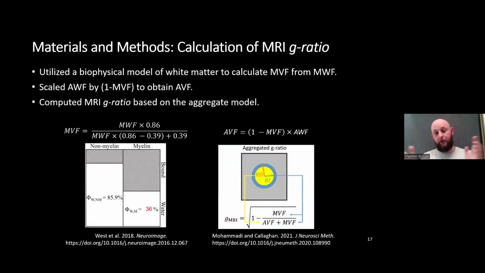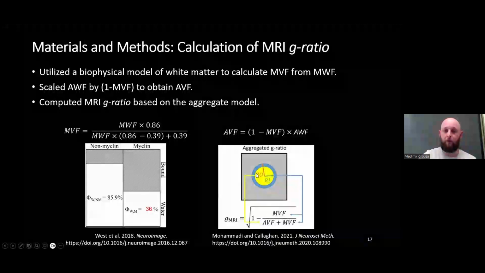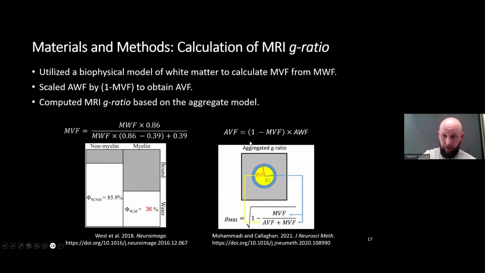And so, armed with this information, we decided, hey, why the heck not? We can compute G ratios according to the Stikov formalism and supported with biophysical modeling that was introduced by Captain West under the supervision of Mark Does. And this is a nice figure from Siawoosh Mohammadi that describes this G ratio formalism, whereby if we have a big MRI imaging voxel, we can make some geometric arguments about how to compute the axon area weighted mean G ratio of all fibers within an imaging voxel.